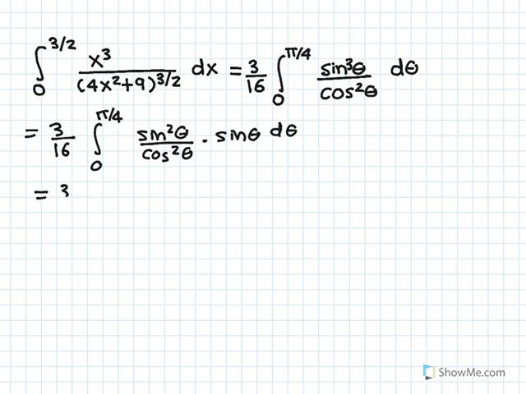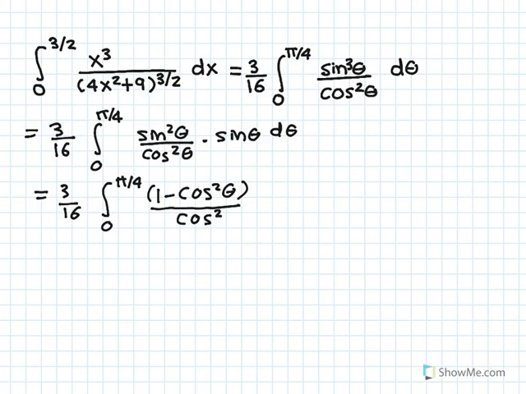Now we're going to apply trig identity and write the numerator sine squared theta as 1 minus cosine squared theta, divided by cos squared theta times sine theta d theta. And you can see U substitution will follow afterwards.